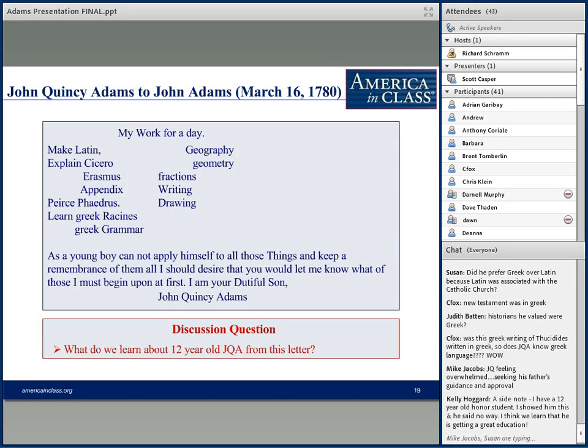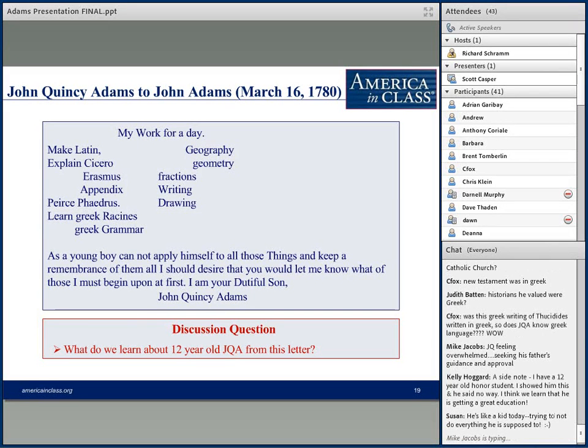Fractions might be way more important than Latin for somebody who's going into life as a merchant. And yes, I think Kelly has a good point here that we learn that he is getting a great education. And as both Mike and Susan suggest, he's a little overwhelmed by this.